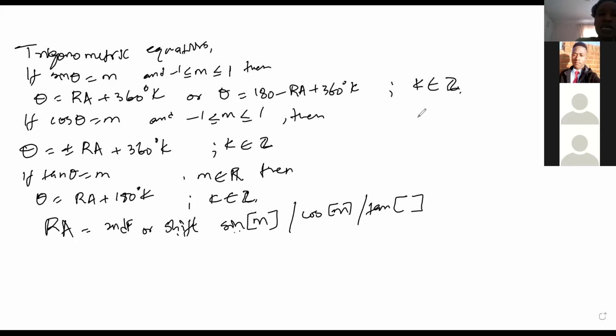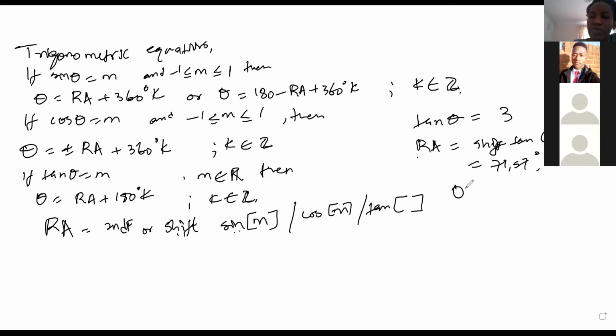So let's say I had tan theta is equal to 3. So my reference angle will be shift tan 3, which is going to give me a certain angle. So second function tan 3 is giving me 71.57. This is my reference angle.